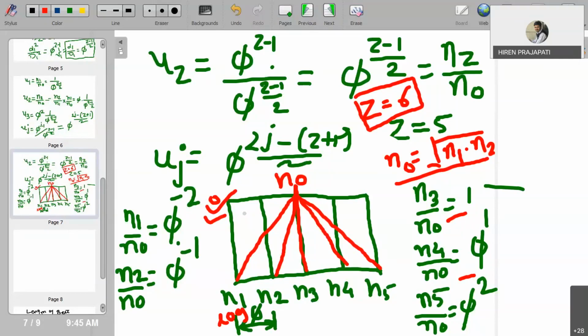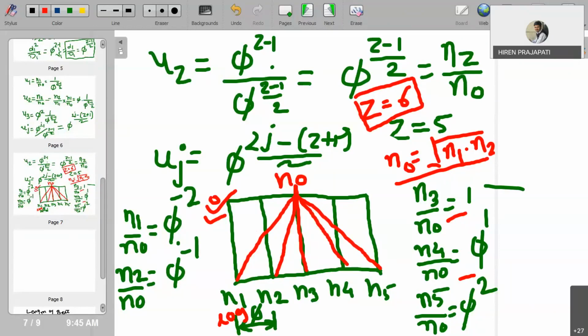Okay. So looking at this speed chart, as I told you, these vertical lines are indicating actually log phi, right? So what I can say, log n0 is the mean of n1 to n5 or the mean of n2 to n4. Is it right? It is the mean of these two speeds, any two speeds.